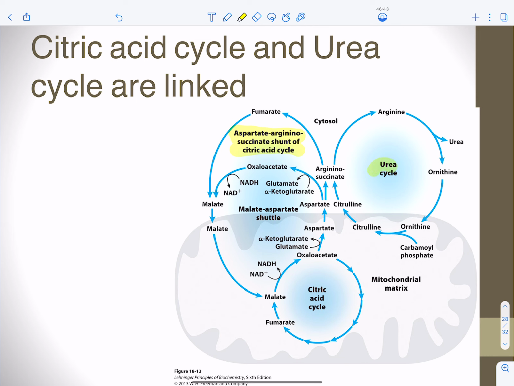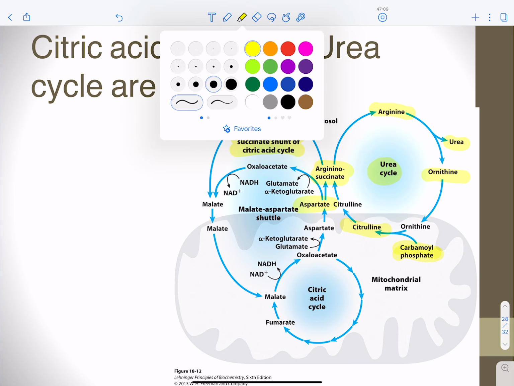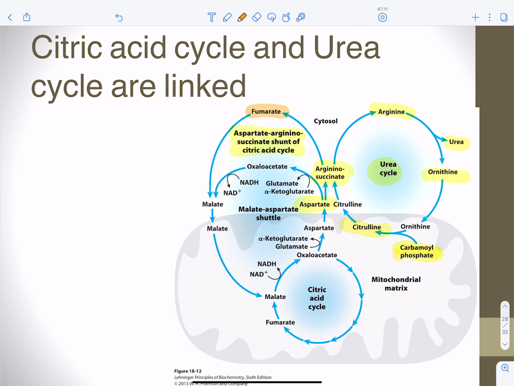So we have the urea cycle, and in the urea cycle, again, we have ornithine binding with carbamoyl phosphate to generate citrulline, and citrulline is going to pick up a nitrogen from aspartate to generate argininosuccinate. Argininosuccinate is going to generate arginine, from which you're going to get urea. Argininosuccinate also generates fumarate. Oops, let me go to a different color. Fumarate. And then fumarate can generate malate.